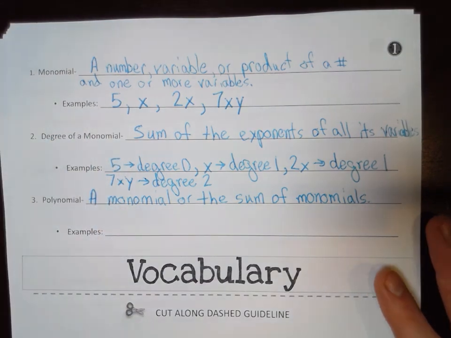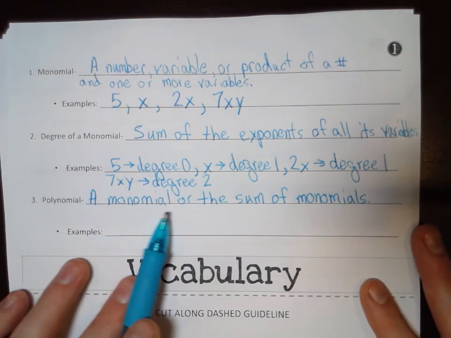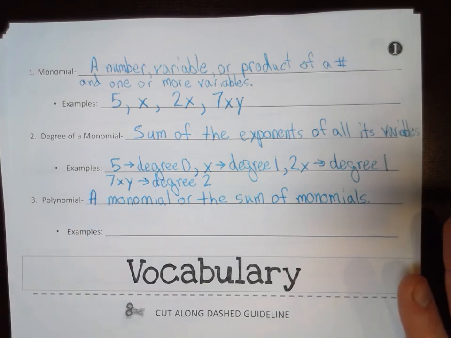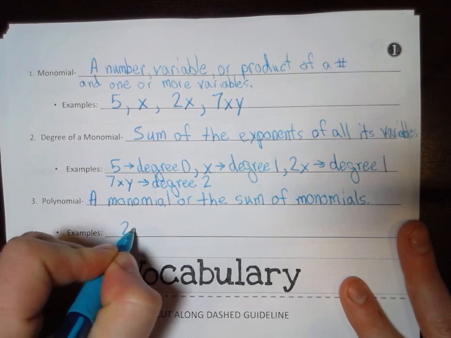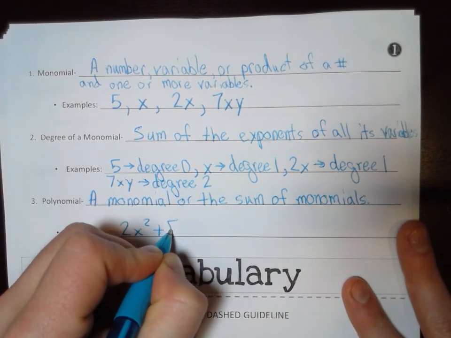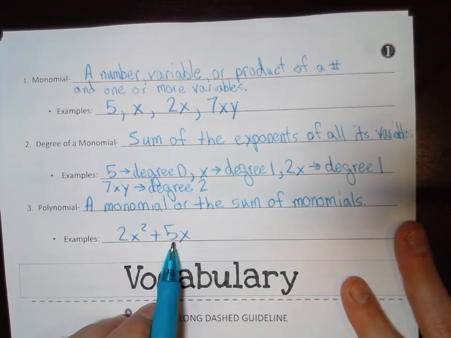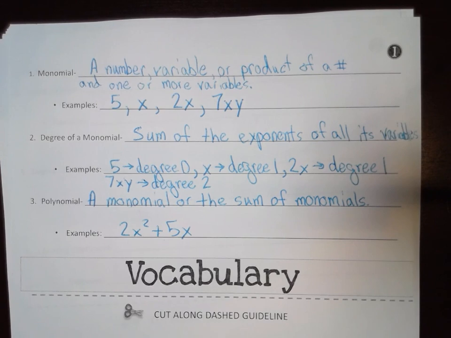But it's also true that each of these individually is defined as a polynomial. A quick example is 2x squared plus 5x. The sum of two monomials is a polynomial.